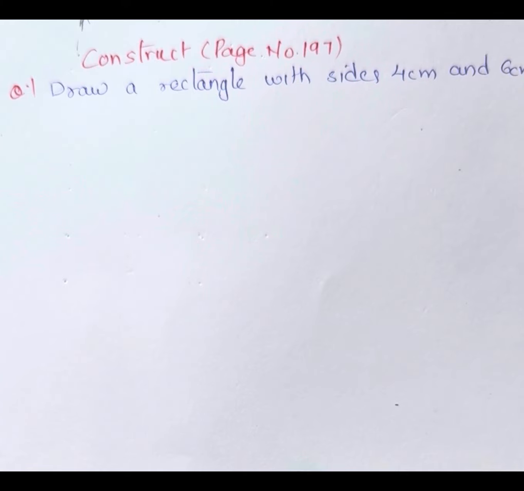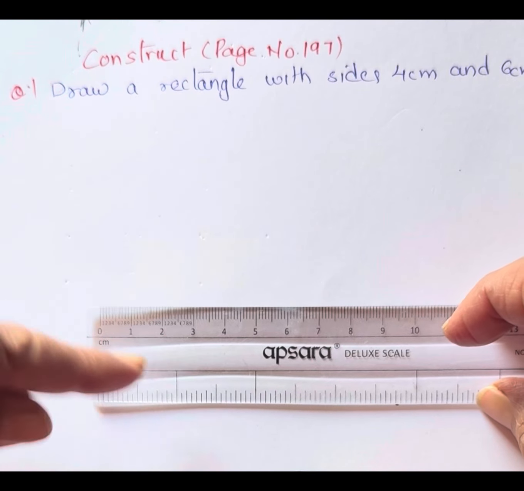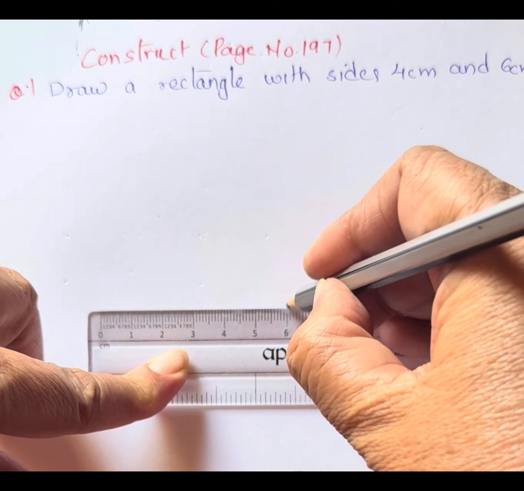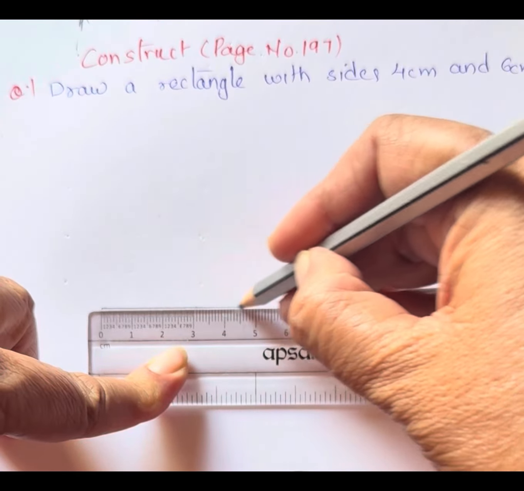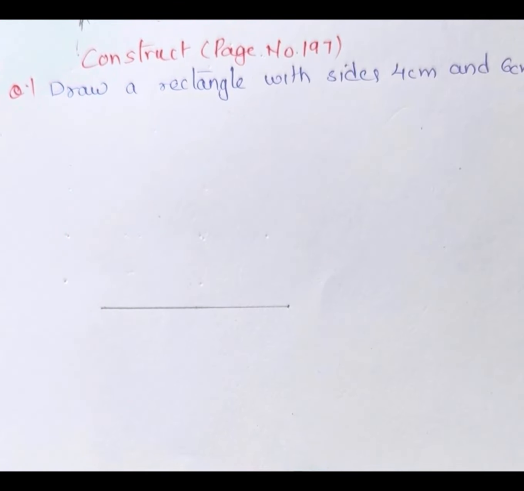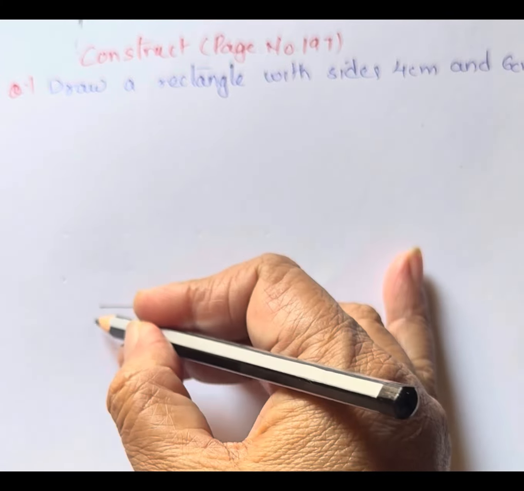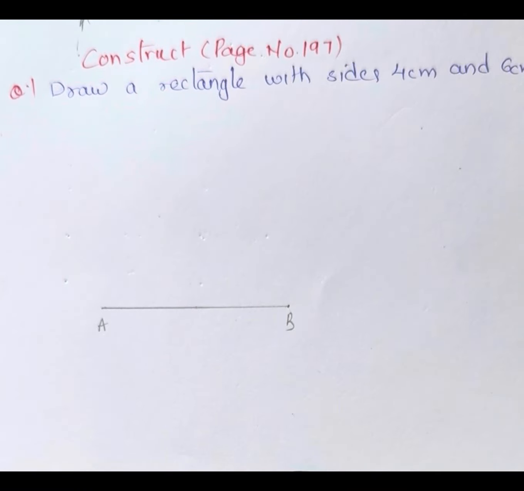First we take 6 centimeter as a base. The initial steps are similar to what we did in the square. So this is the base, 6 centimeter. We can give it a name. Suppose this is point A, this is point B.